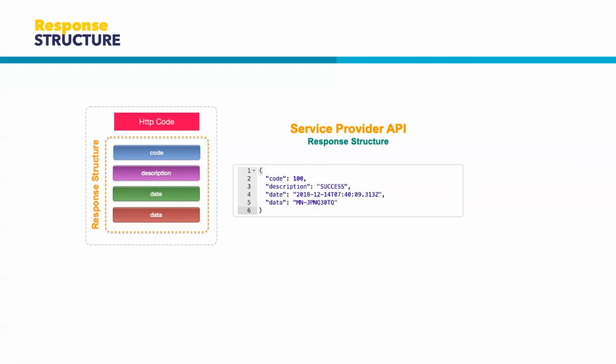For example, if you get HTTP code 404, that means resource not found. It doesn't actually reach your API service yet. It's the HTTP server that is responding with the error 404. So it always takes priority. That's why it's on top.